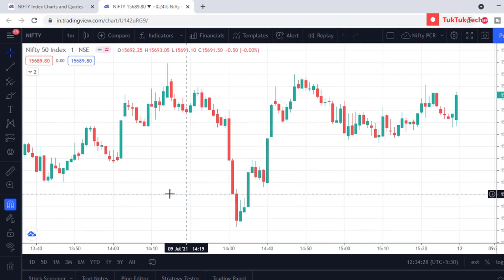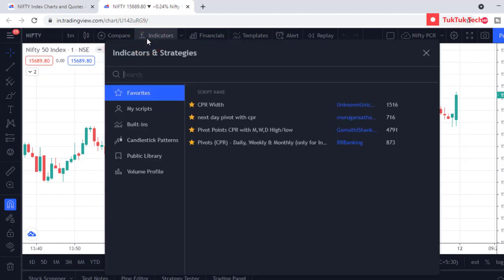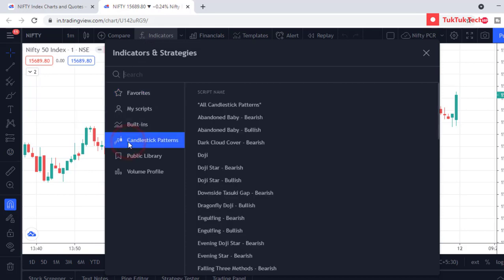In Indicators section, you can find Candlestick Patterns. Select All Candlestick Patterns, or you can select Marubozu Candlestick Pattern separately from the list.